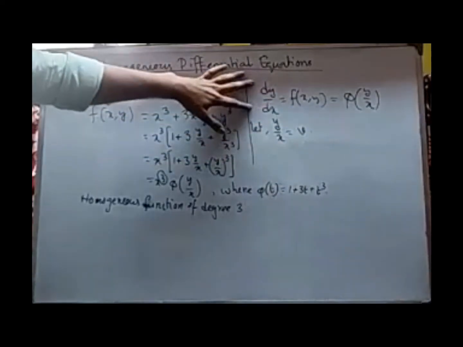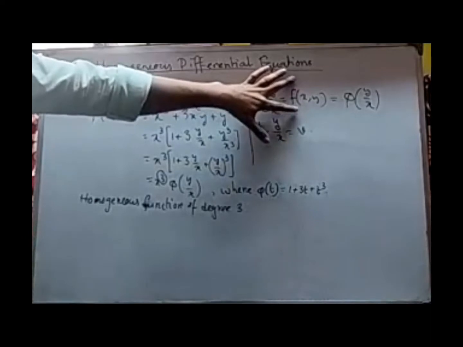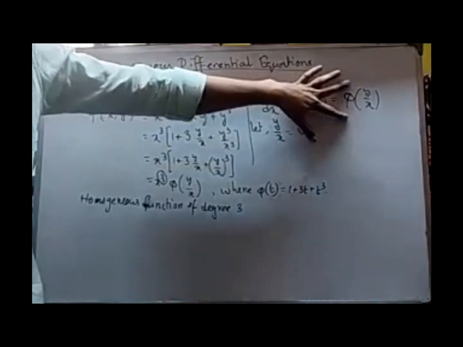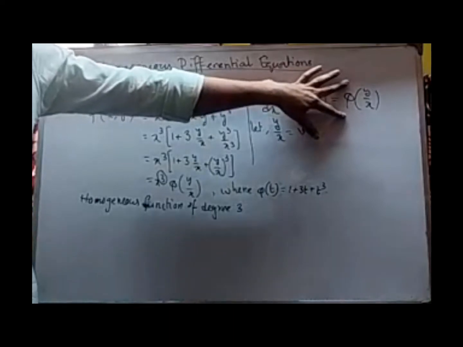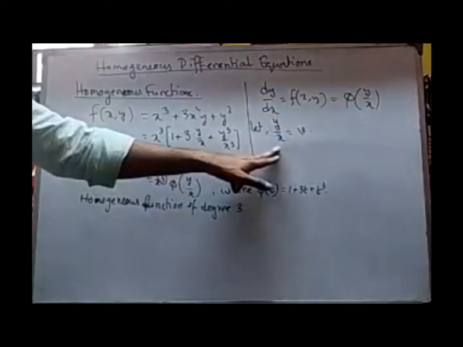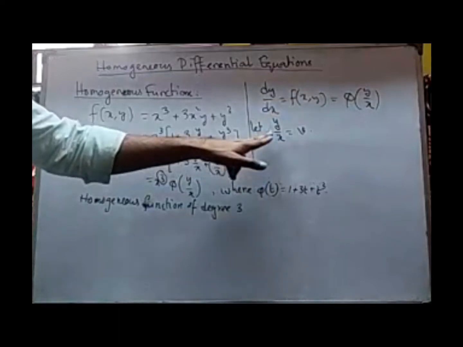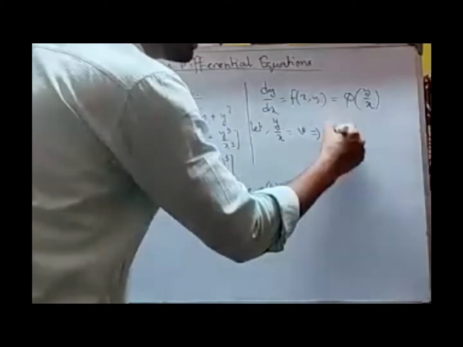So the differential equation will be given like this: dy dx equals f of xy. There will be some expression of xy. From that, you need to convert it into some function of y by x. And then you have to take this y by x as v. You have to replace this thing. So when you are taking y by x equals v, you can write y equal to vx.